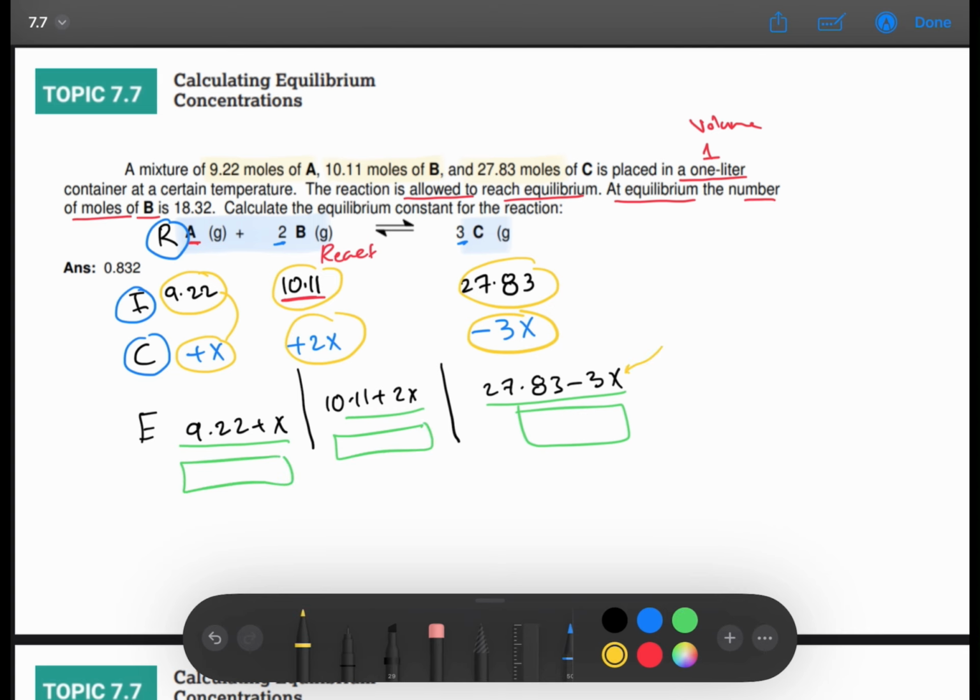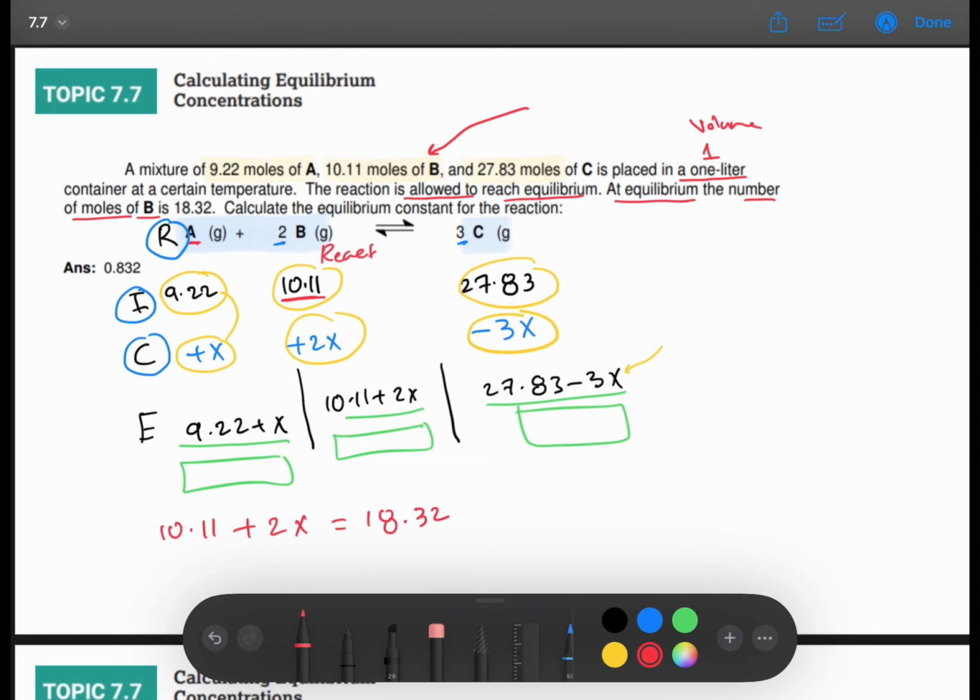So how can I do it? Is there any piece of information that tells me about the value of x? Yeah, sure. The question says we started with 10.11 of B, okay? And now after adding 2x, the number of moles becomes 18.32.